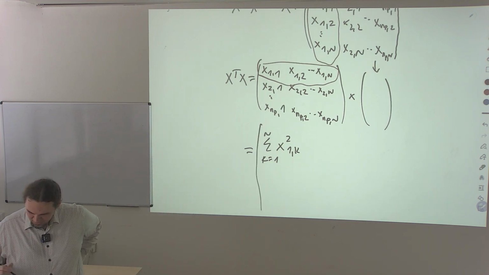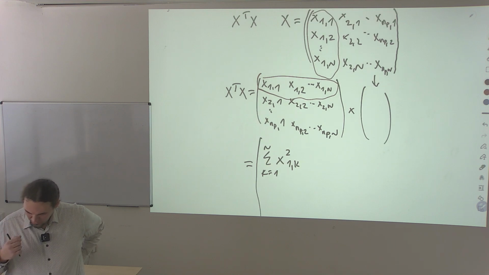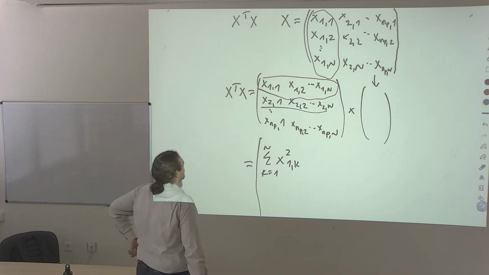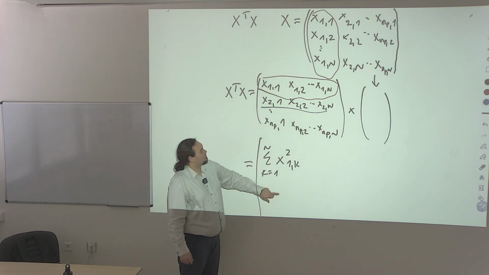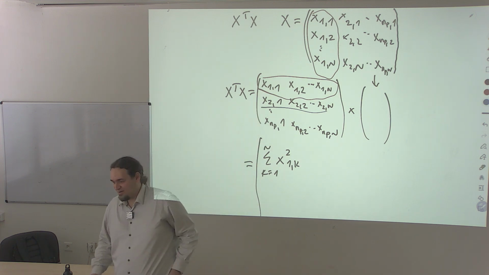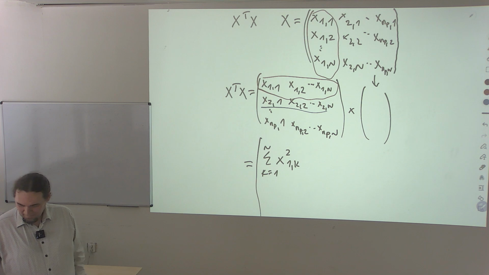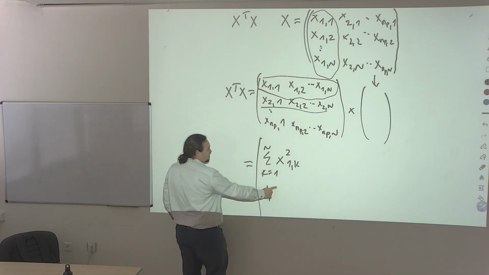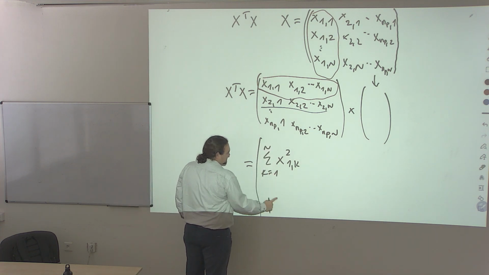What will happen next? Let's probably do the first cross product. So let's find out about this element. What will it look like? Still the first column, but the second row.